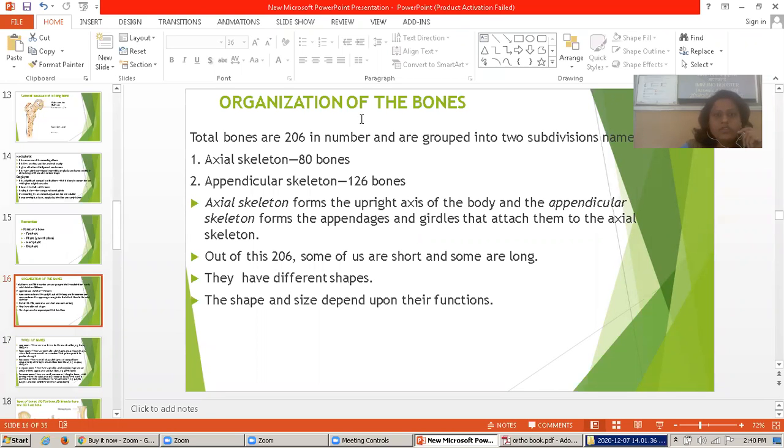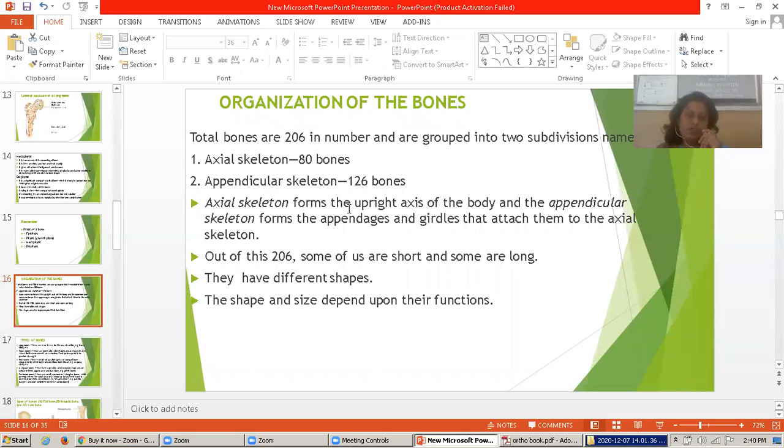Next is the organization of the bone. When we study the organization of the bone, there are a total of 206 bones grouped into two subdivisions: firstly, the axial skeleton, which contains 80 bones, then the appendicular skeleton, which contains 126 bones.